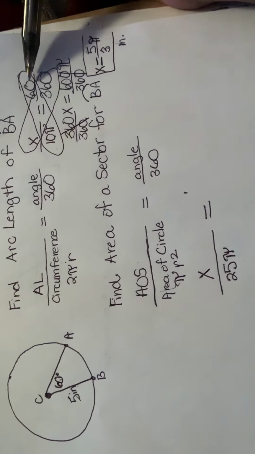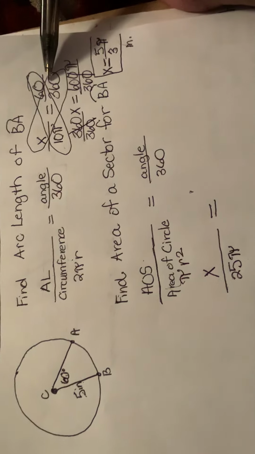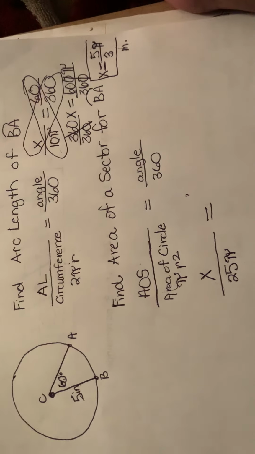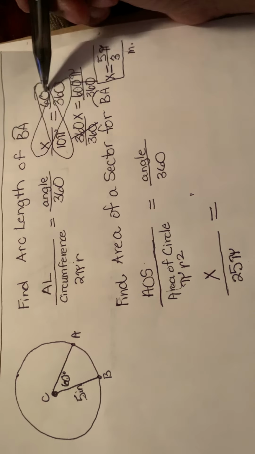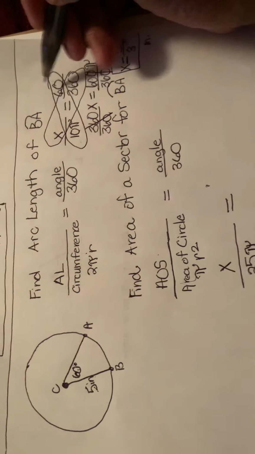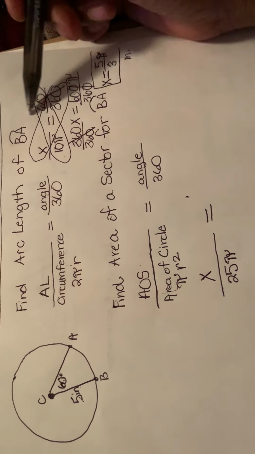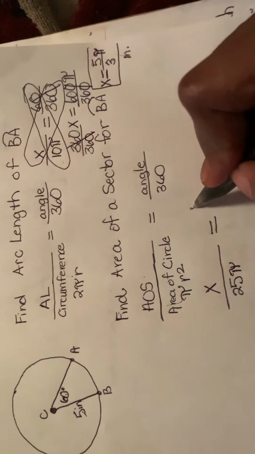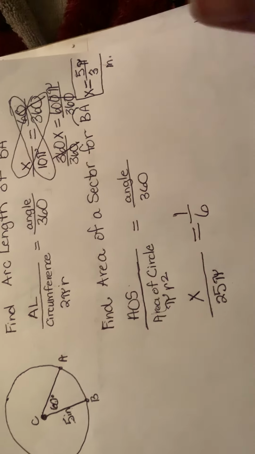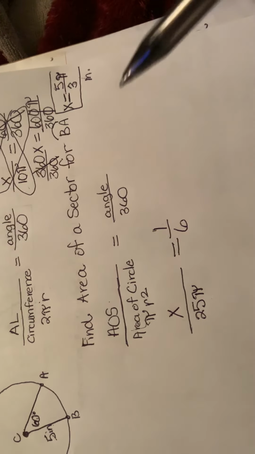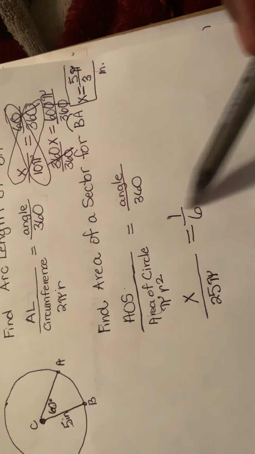And for simplification, for multiplication, since I'm not using a calculator here, I'm going to go ahead and simplify 60 over 360. So I would cross this out, and then this would simplify to 1 over 6. Since I'm doing this in my head, I want the numbers to be smaller.